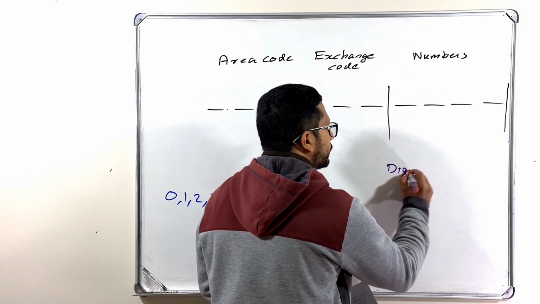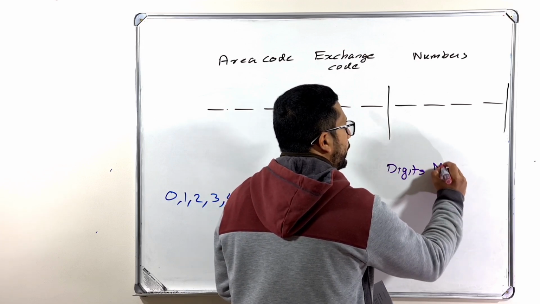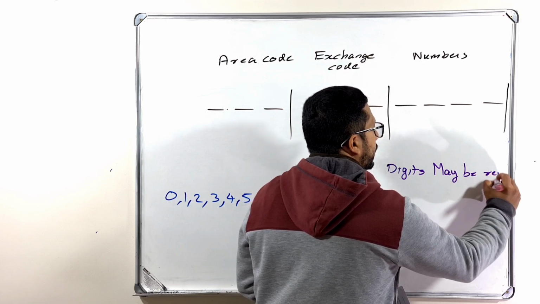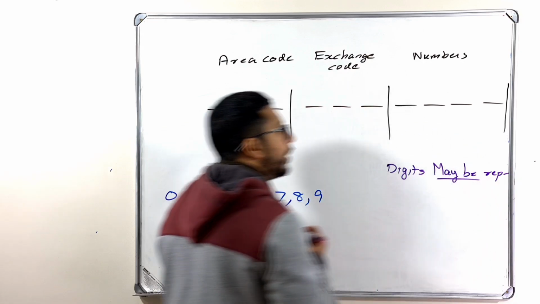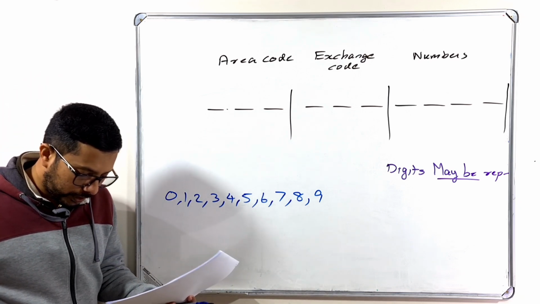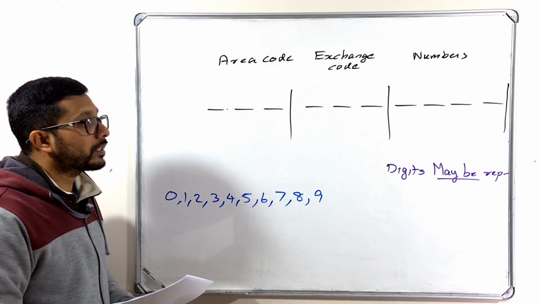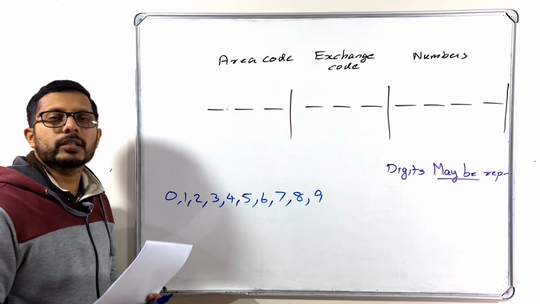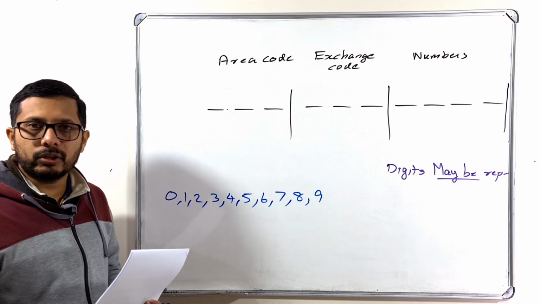Digits may be repeated. So what is the meaning of that? In this type of probability question, that sentence is very important. Digits may be repeated, or digits may not be repeated. What is the meaning of that?